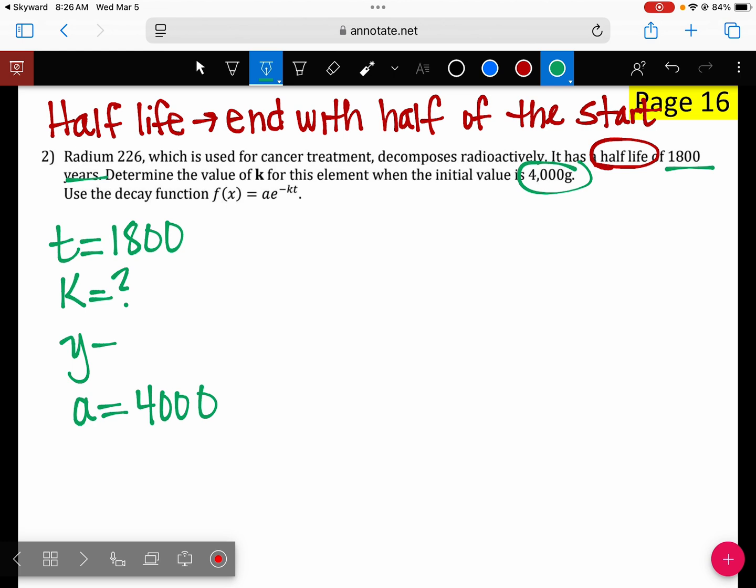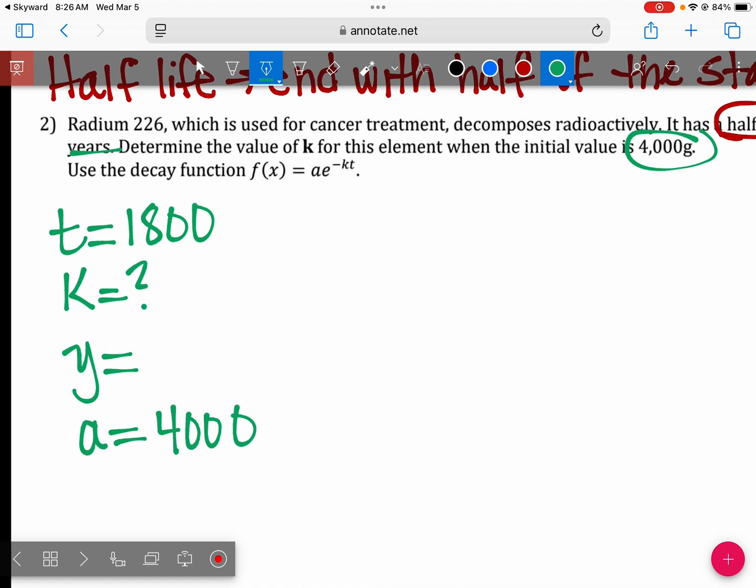So to find Y, go ahead and take your start and divide it by 2. So your Y value is going to be 4,000 divided by 2. So go ahead, pick up your calculator and see what that would be. Anytime it says half-life, you take your start and cut it in half, or you take your start and divide it by 2, which should give you 2,000.